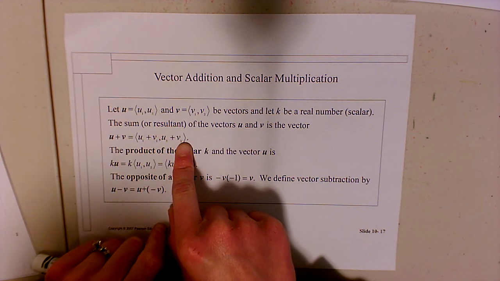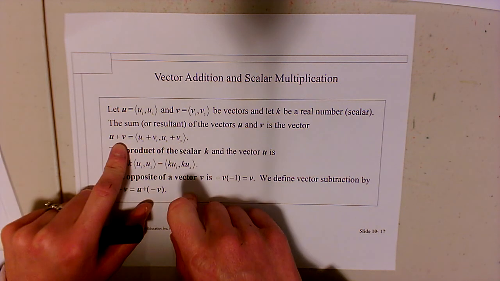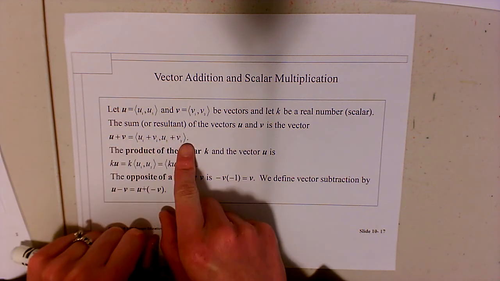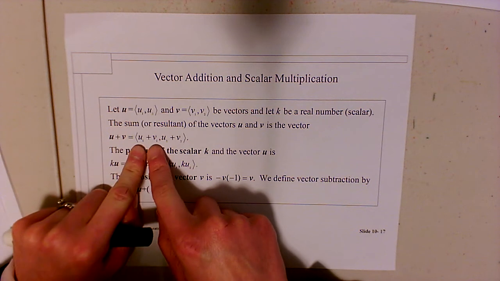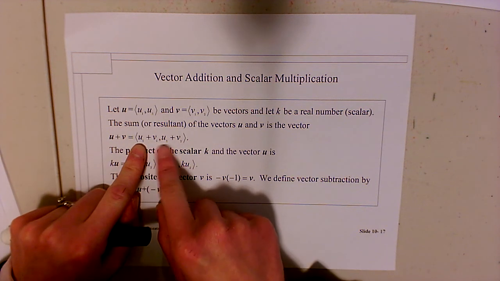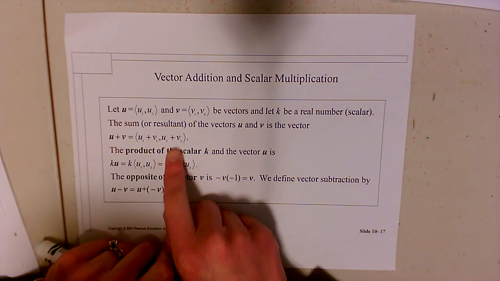You can also add your vectors, and that's really easy to do. If you wanted to do u plus v, you just add your separate components, so you add u sub 1 plus v sub 1, and then u sub 2 plus v sub 2.